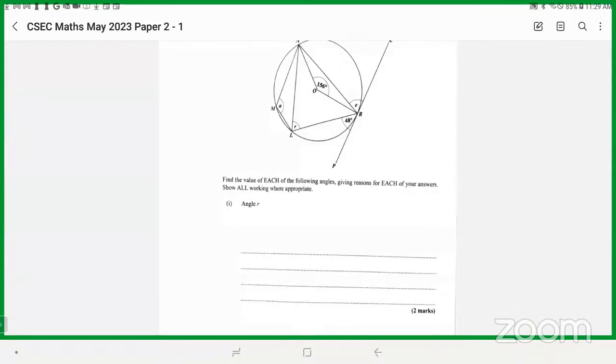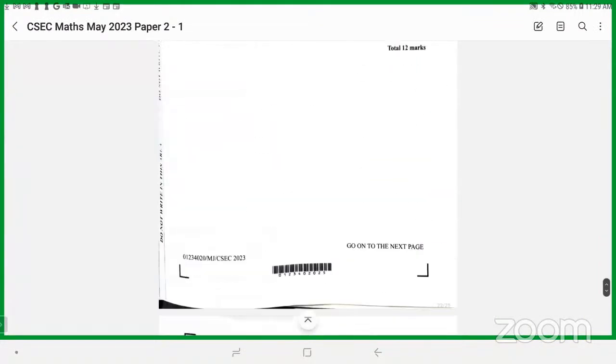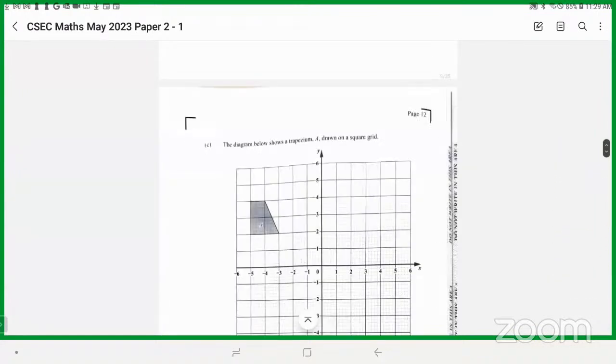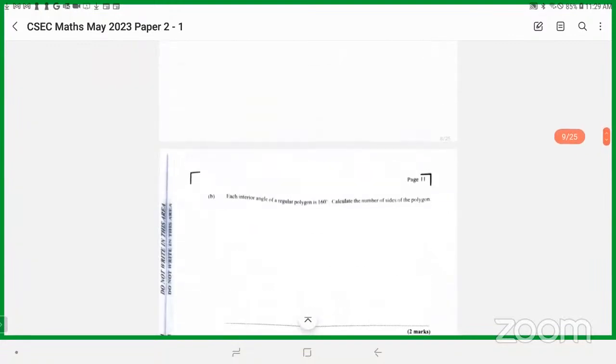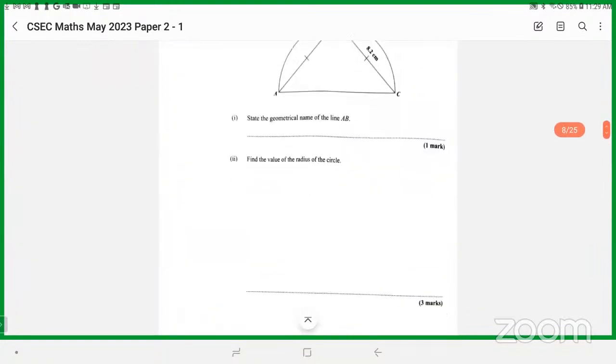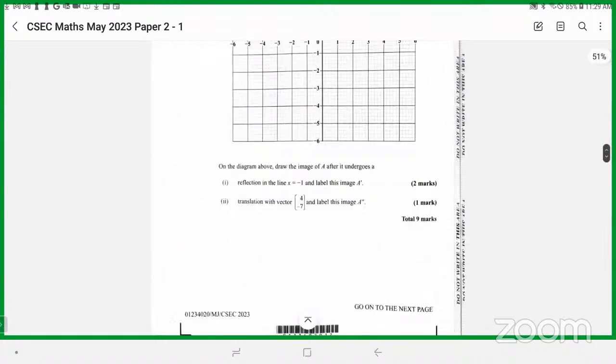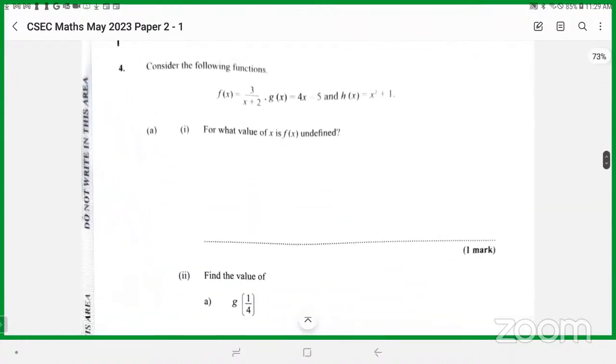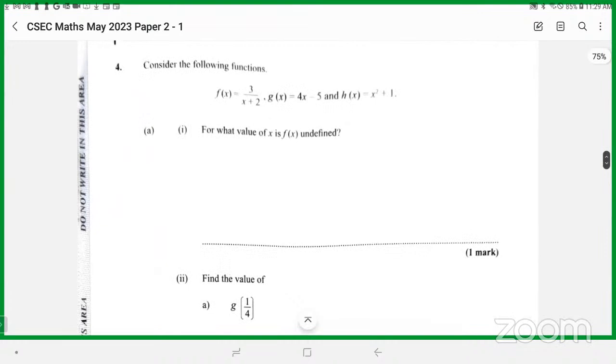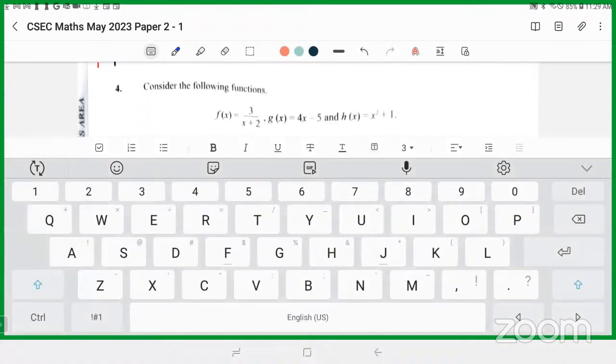All right, this is the very last exam that was set, and there's a functions question up at number 4, right here. There you go.